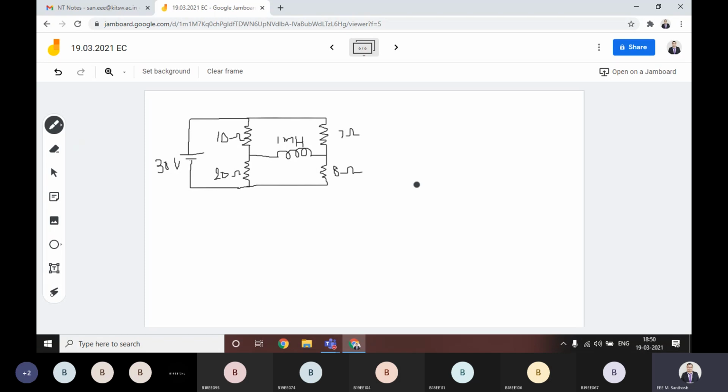I am solving here this problem. Find the energy stored in the inductor.